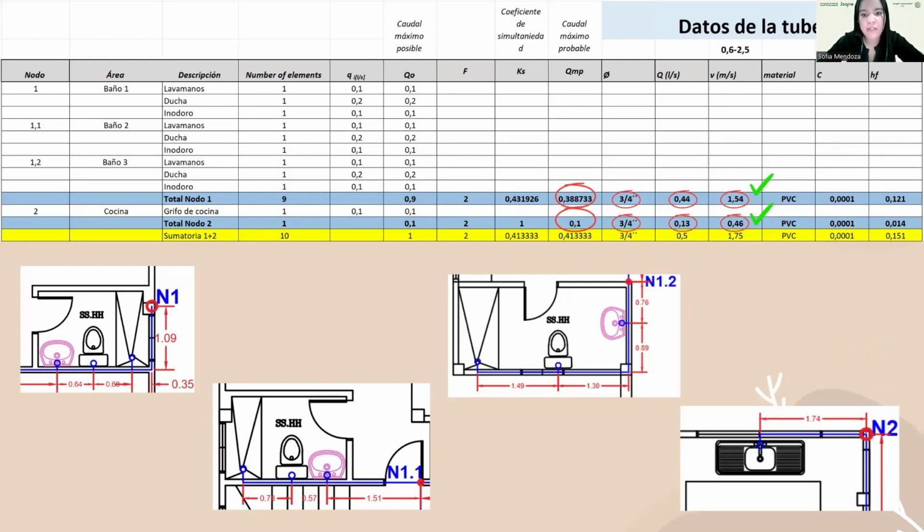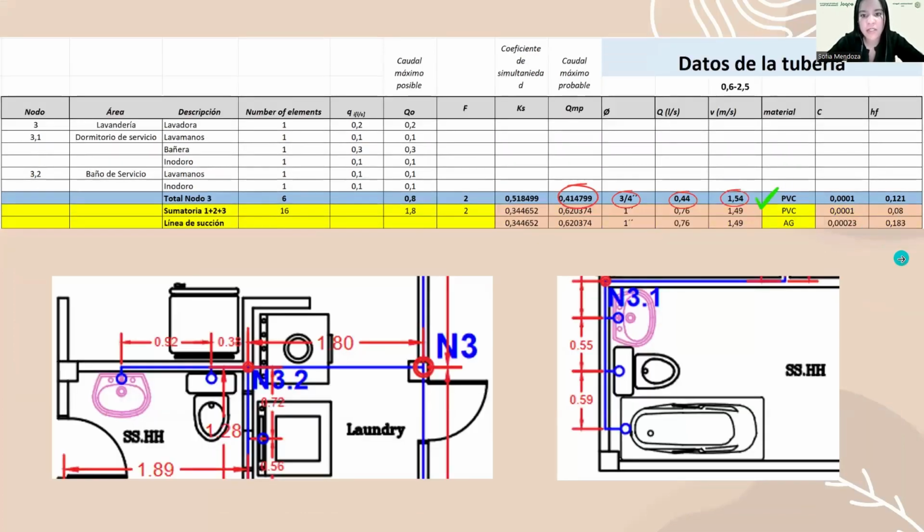A diameter of 3/4 inch was selected for both cases, maintaining velocities within the permissible range and using PVC as the material. Similarly, for total node 3, a 3/4 inch diameter was selected, maintaining permissible velocities and using PVC as the material.